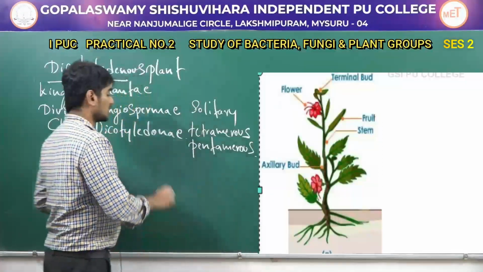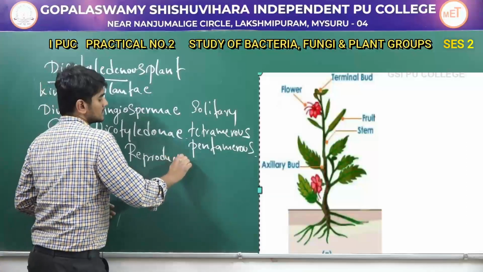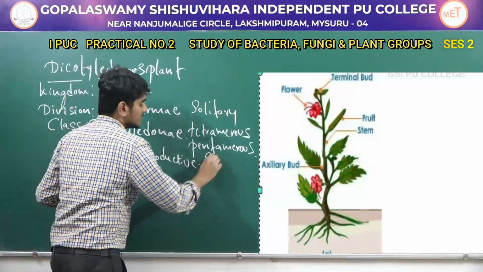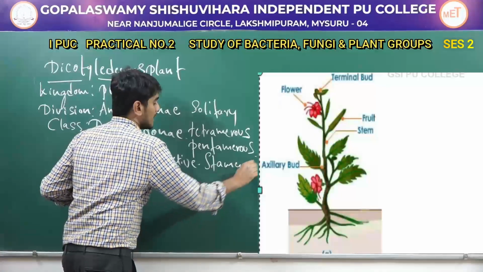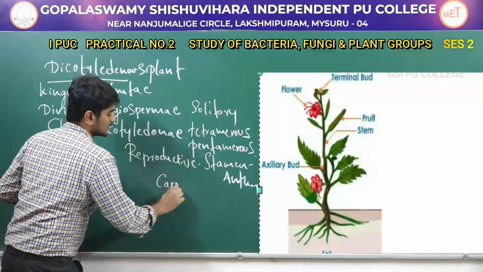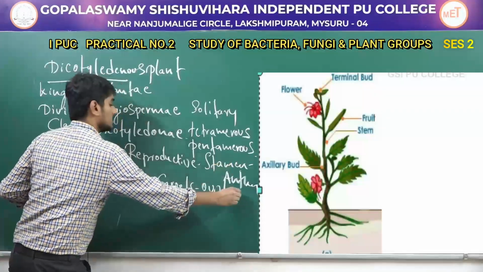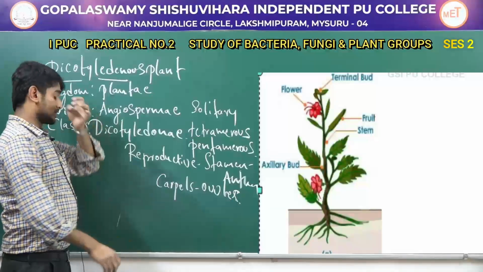And the reproductive organs, stamens with anthers and carpels with ovules. So these are all about dicotyledonous plants.